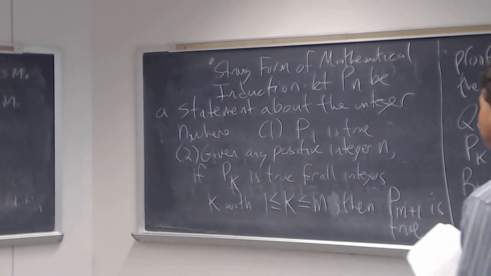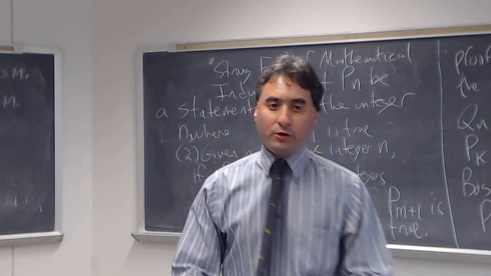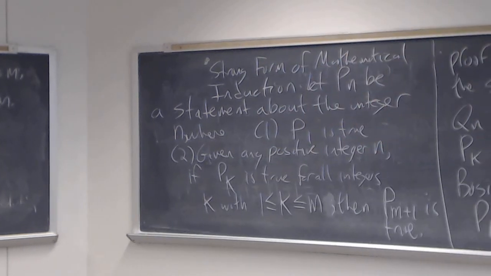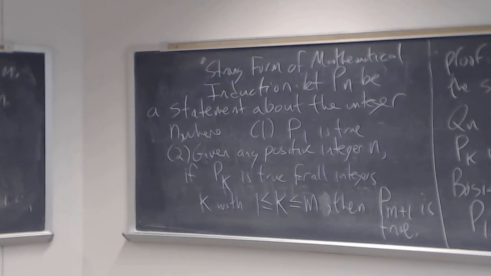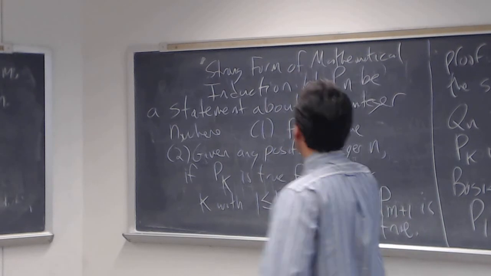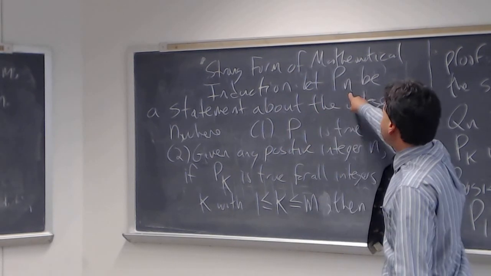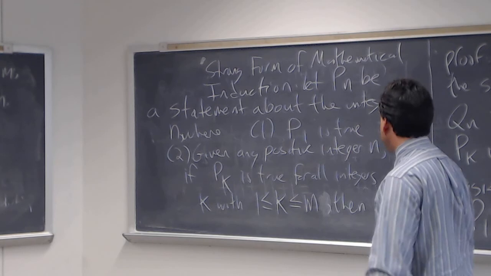We've got the statements 1 and 2. So this strong form of induction, if you look at it, maybe we can even zoom in a little bit. I've given you the conditions 1 and 2. I haven't given you the conclusion. So Pn is a statement about the integer n where we have these two conditions.